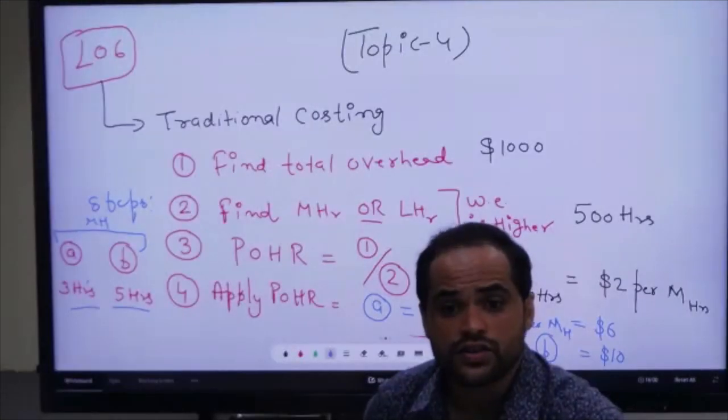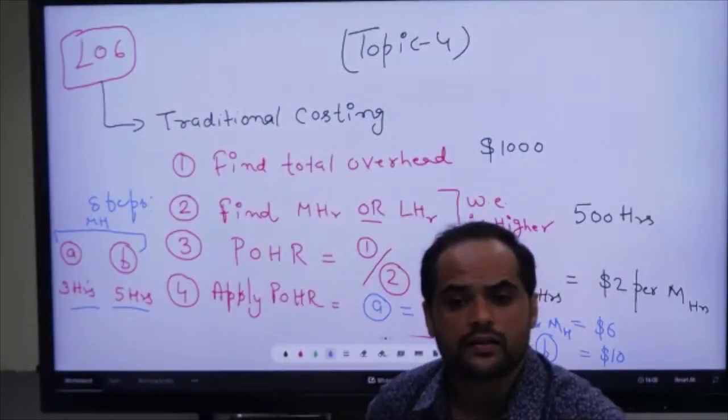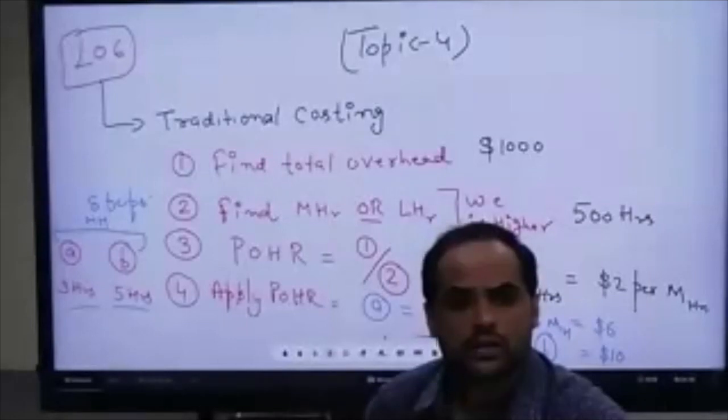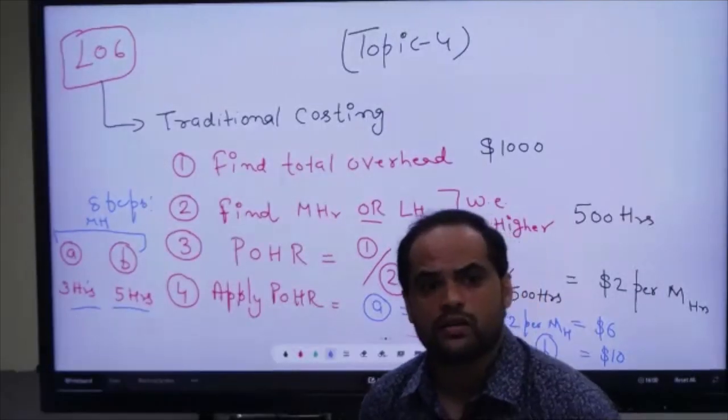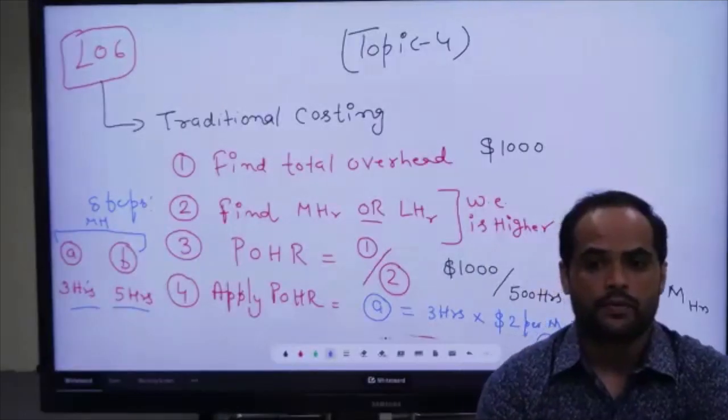Did you understand traditional costing? No, sir. What do you mean by no, sir? Which point you did not understand? Tell me which point you did not understand, so I will go back to that step.